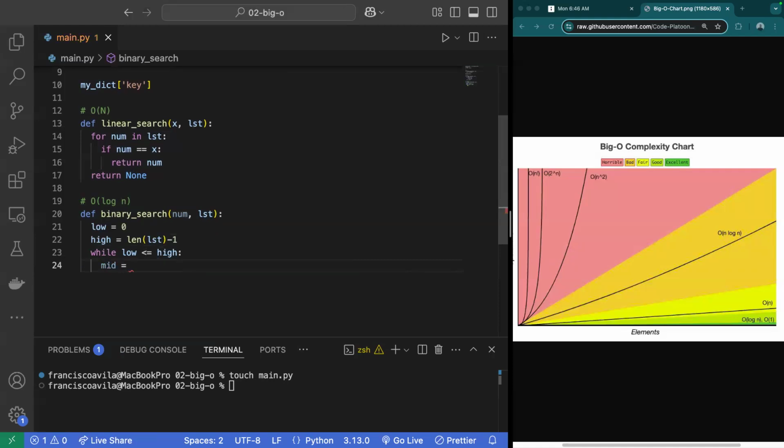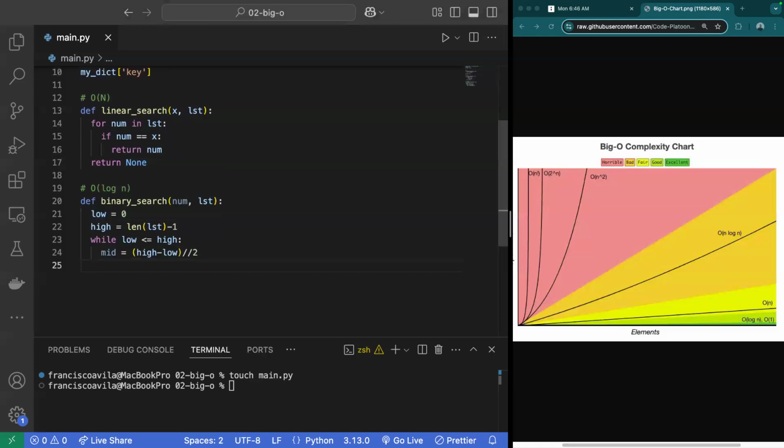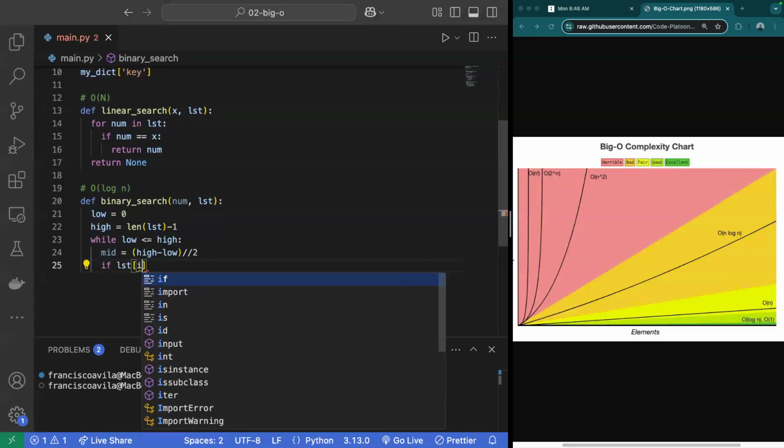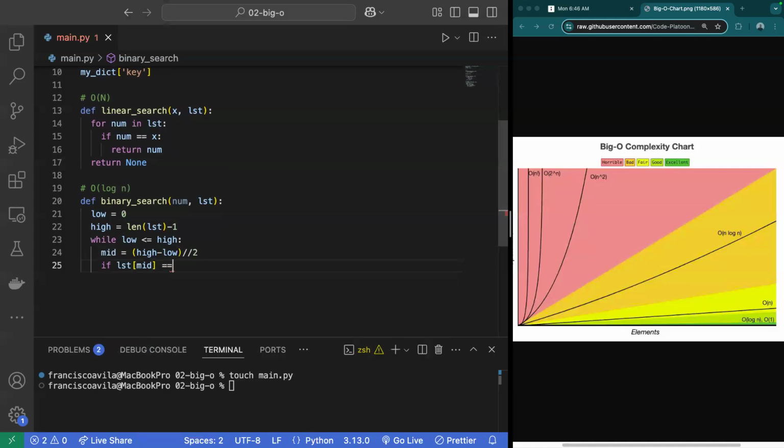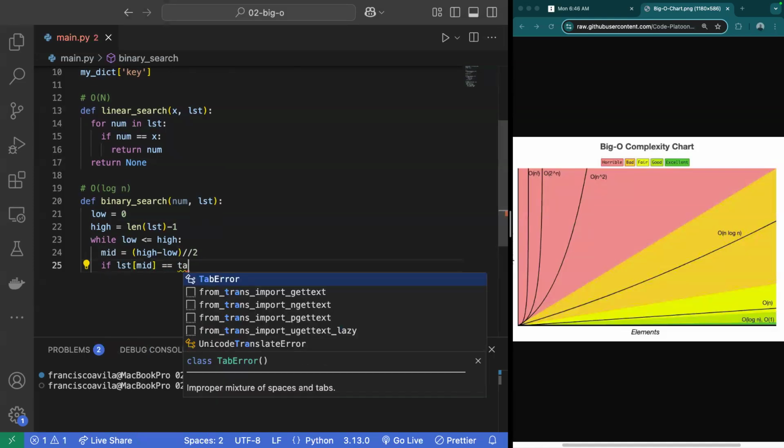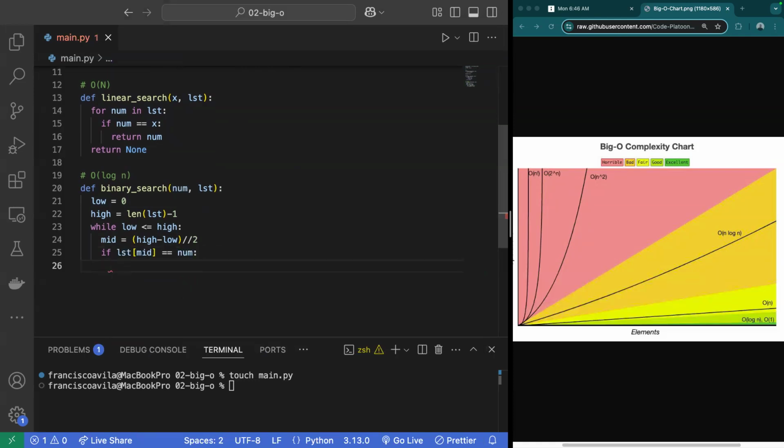The middle should be high minus low with floor division of 2, because we want that index. Then we check if the list at middle is equal to the target, or excuse me, the number, then we simply return middle.